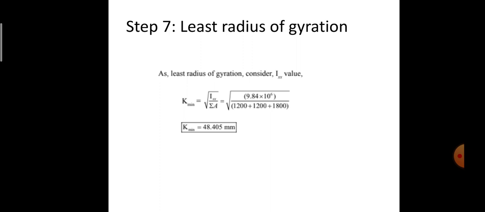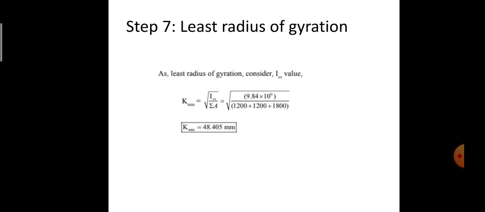Radius of gyration is always represented by the symbol K. So it is equal to under the root Ixx divided by sigma A. In general it is I by A, but with reference to this numerical, it is equal to Ixx divided by sigma A. If I substitute and simplify, I'll get the value of K minimum, or least radius of gyration, as 48.405 mm.